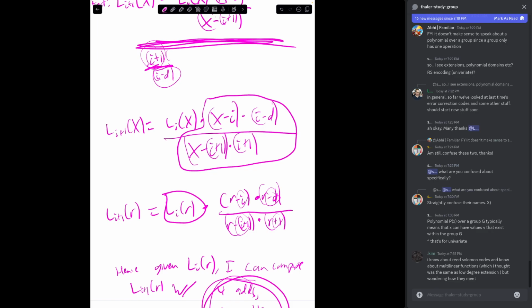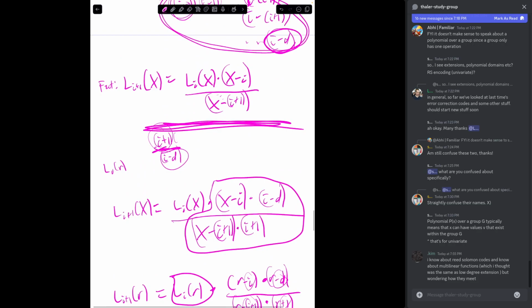When you compute L0 of r, the denominator of L0 of r is r minus 1, r minus 2, up to r minus d.